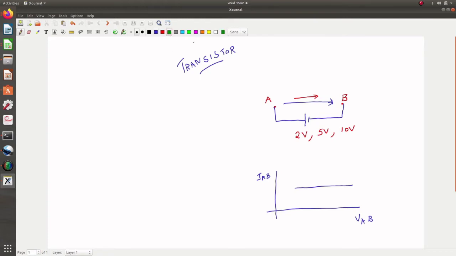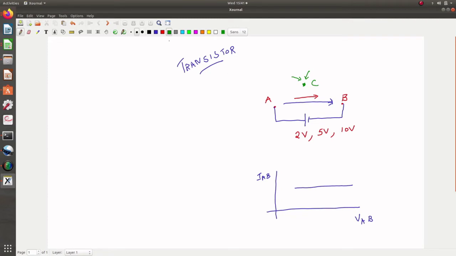The second requirement is that we will have a third node, say C. By the application of voltage or injection of current onto this third node, we could control the current between A and B.